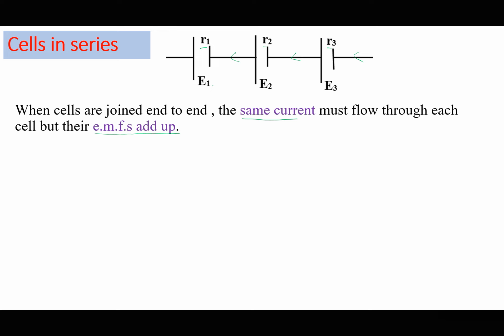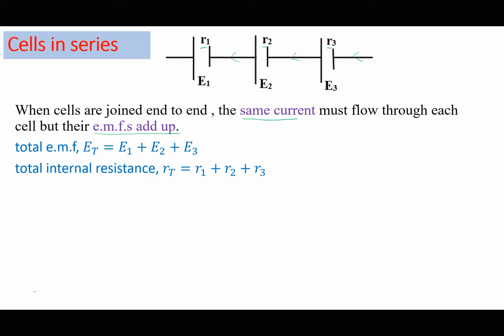That means it has more energy. Therefore, the EMFs add up. So for cells in series, the total EMF is the sum of the individual EMFs, and of course, the total internal resistance is also the sum of the individual internal resistances.